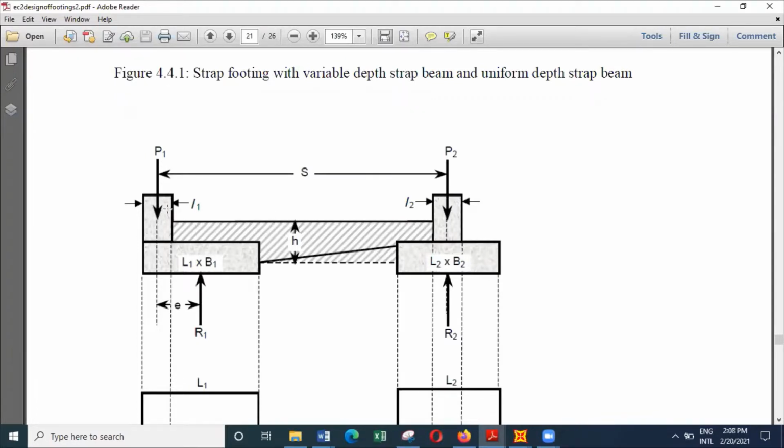When P1 and P2 are known, and when eccentricity has been selected, then we can find the corresponding values for R1 and R2.